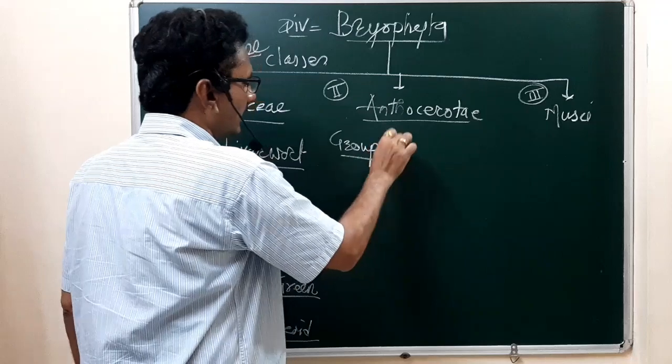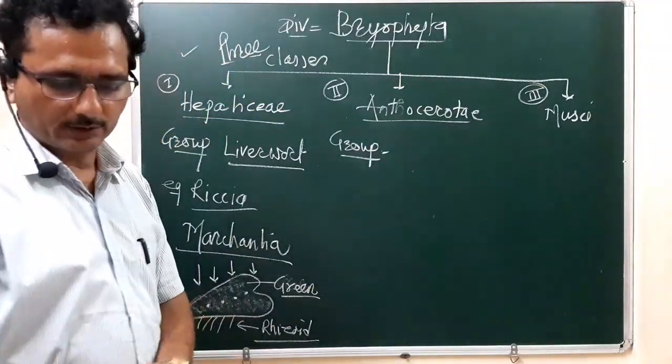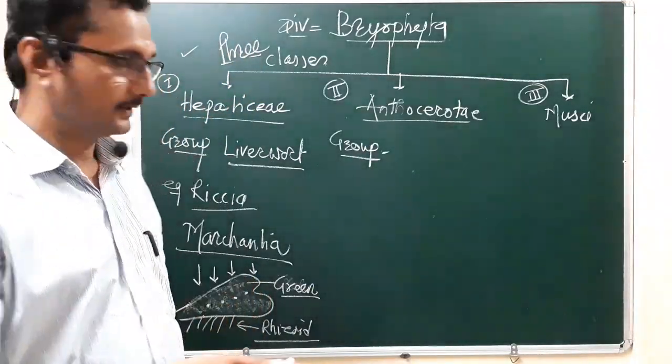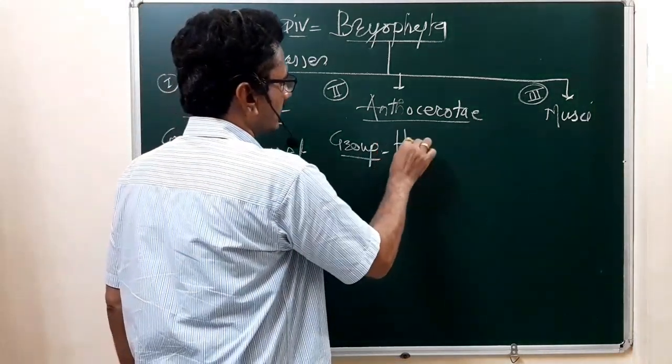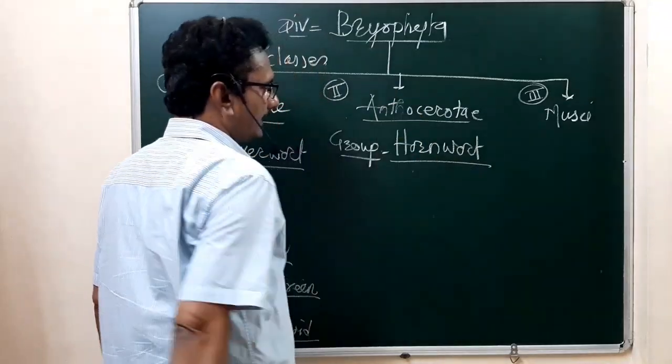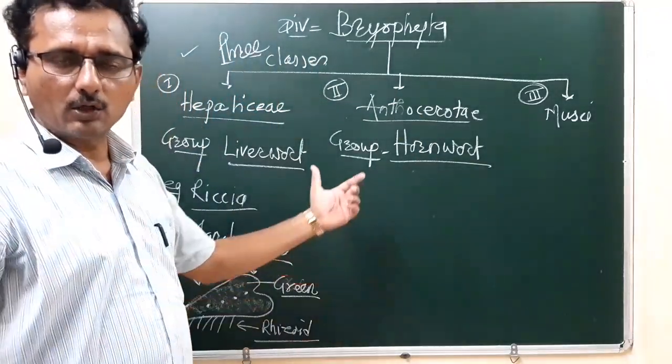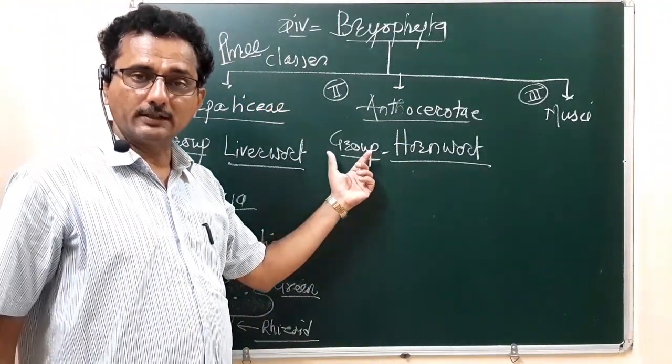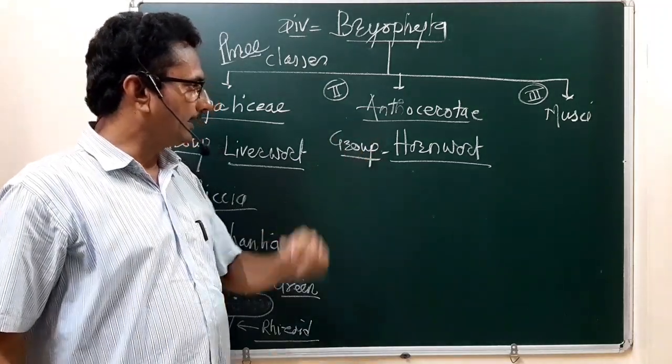Which group is included under the class Anthocerotae? Hornworts. The group hornwort is included under the class Anthocerotae.